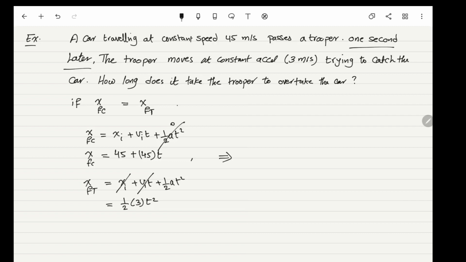Now when the car's final position is the same as the trooper's final position, they will catch up with each other. In this case, 45 plus 45 t equals half 3 t squared.